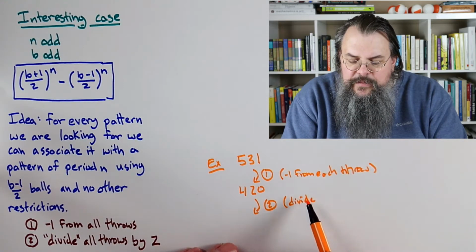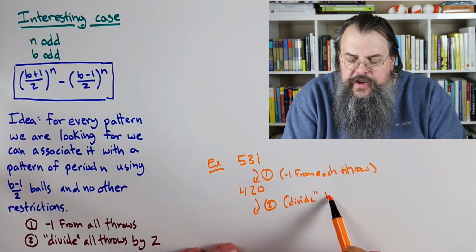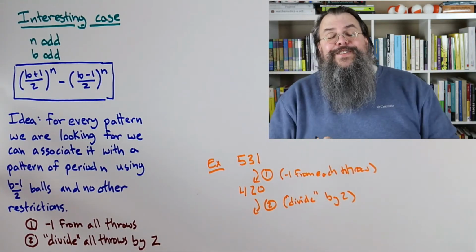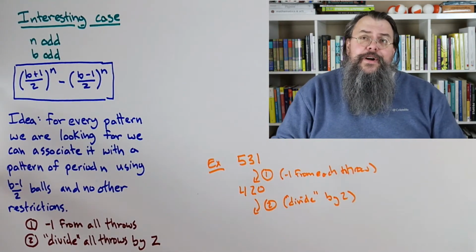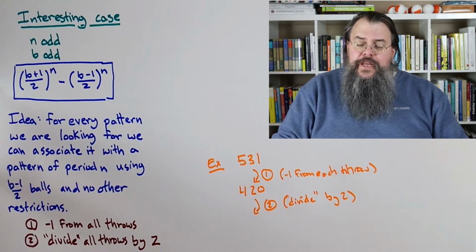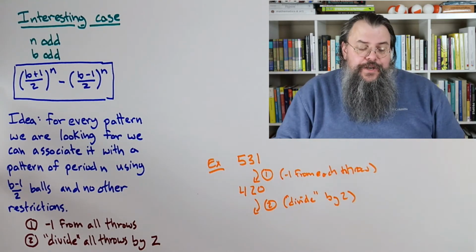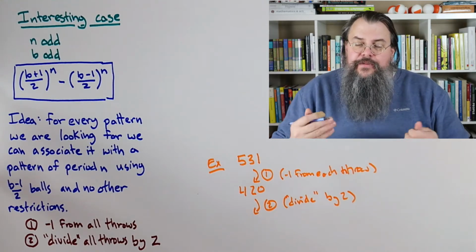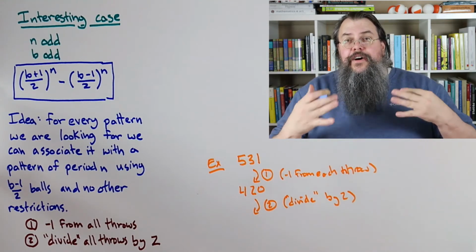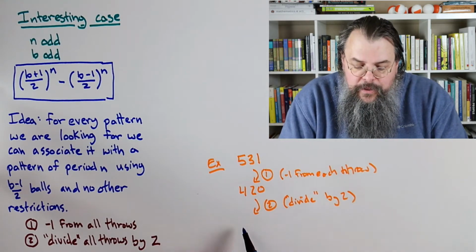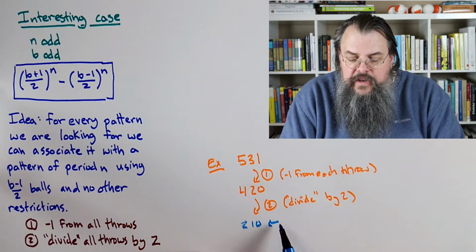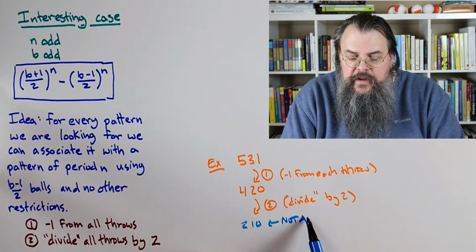Now, you have to be really careful here. You notice that we're putting quotes around divide by 2. And why are we putting our quote marks here? Well, if we just take it literally, we'd run into some problems. In particular, if you take 4, 2, 0 and divide all the throws by 2, you'd end up with 2, 1, 0. And this is not a pattern.